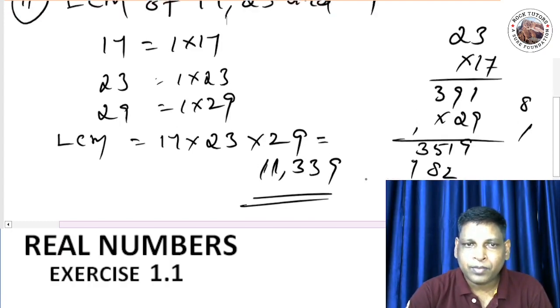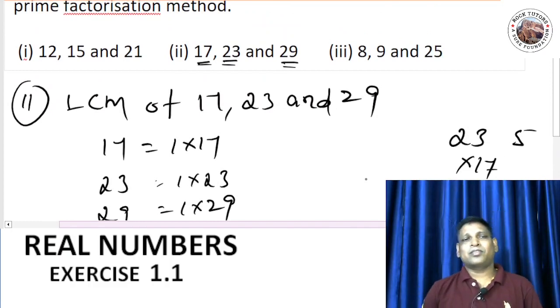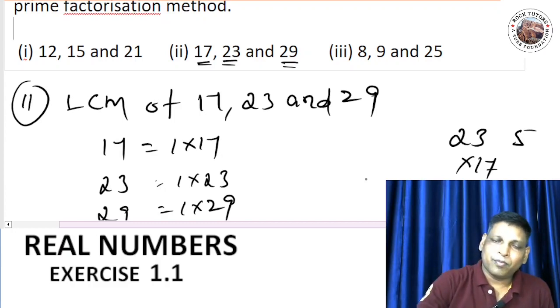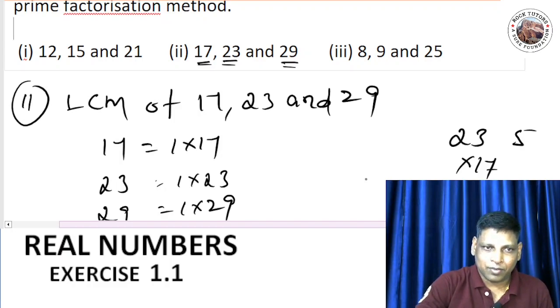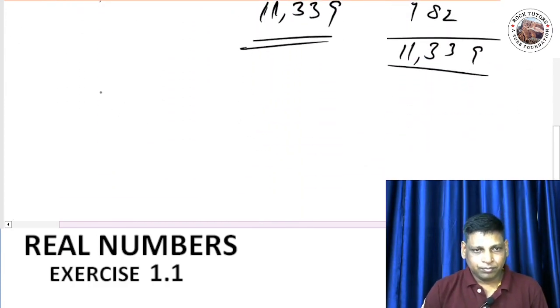See here, if they are all prime numbers, there are no common factors. That's why we multiply all the integers and we get the LCM. What is the HCF? HCF is the highest common factor.